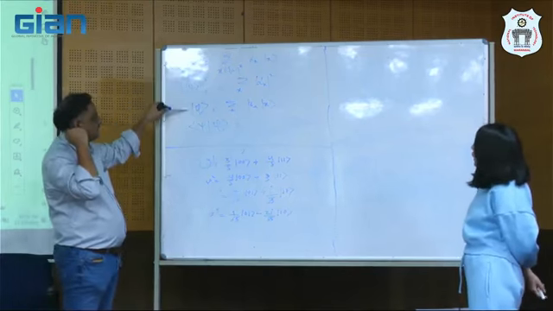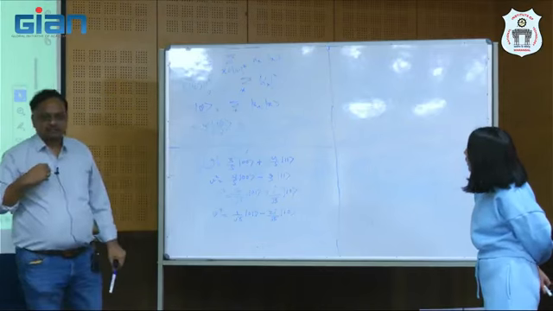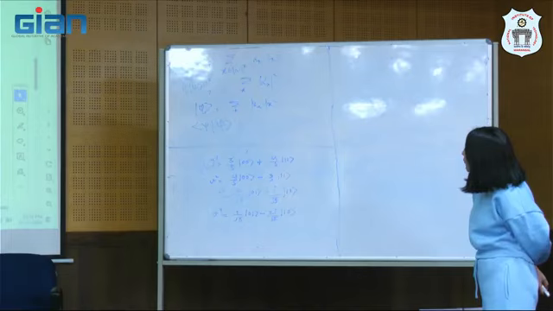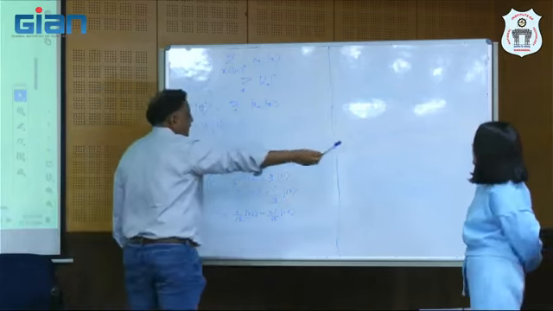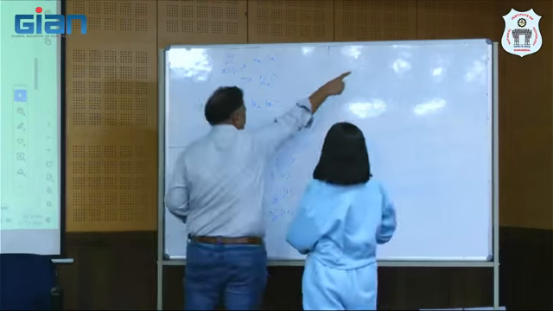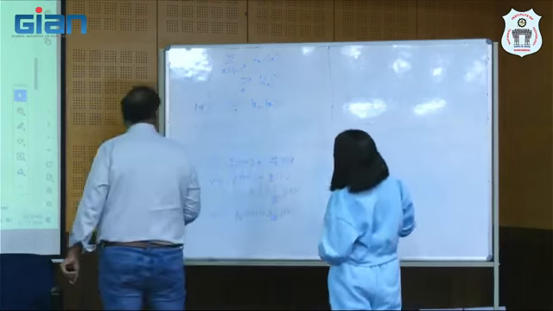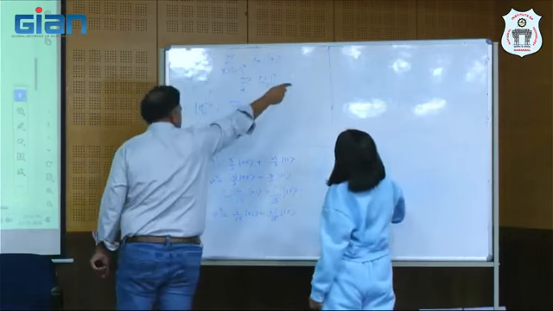Suppose psi is given like this, phi is given like this. What is the inner product of psi with phi? You just write what is bra psi. First write what is bra psi. Write bra psi here. What is bra psi? Ket psi is this. Write bra psi there.